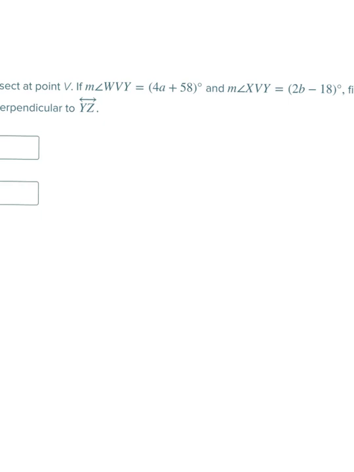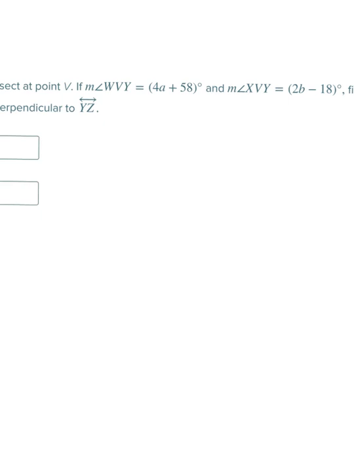Our last example here doesn't give you a diagram. So the first thing I want to do is draw a picture based on the description given. So here I have WX, and notice how you've got the symbol over top with 2 arrows.